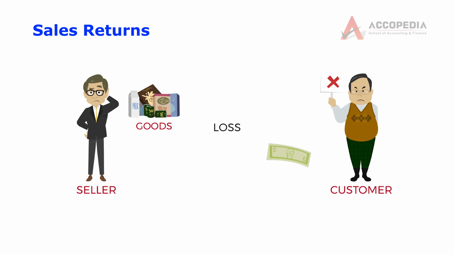When I pay him back that money, now it is a loss for me because sales income was a profit or an income, and now when I return the money, it is an expense. So sales return is just like a negative income. It is the reverse of sales income. I can either charge it to the sales income account itself.